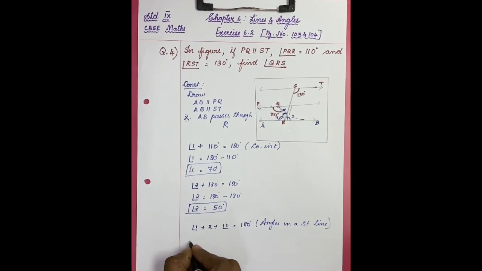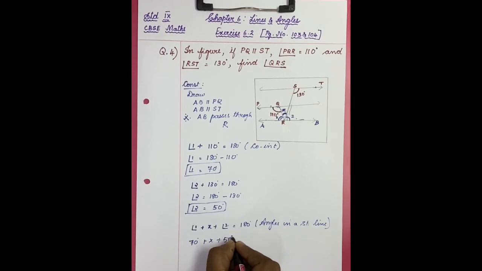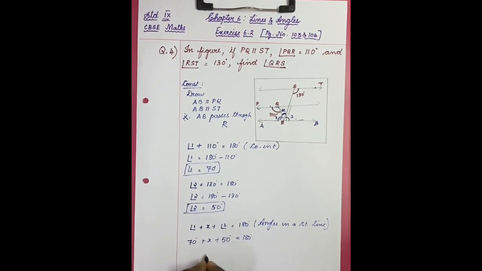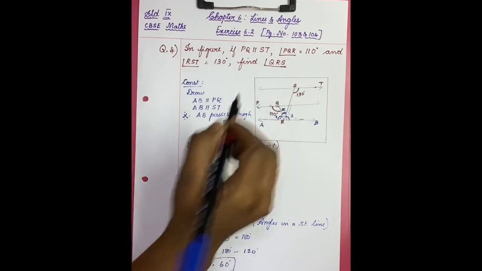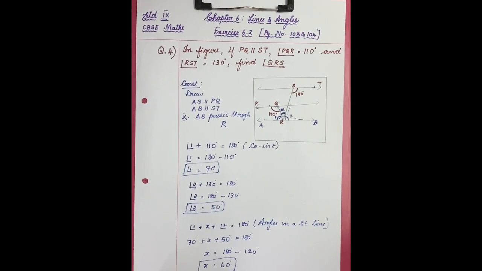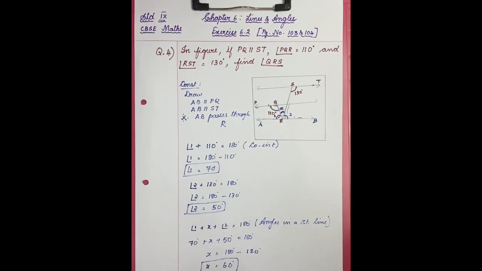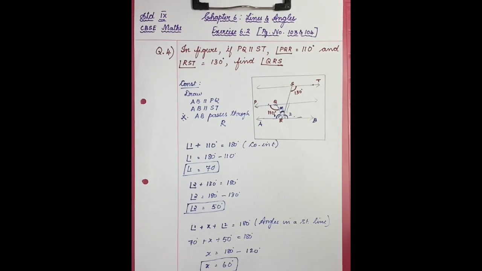So 70 degrees plus x plus 50 degrees is equal to 180 degrees. x is equal to 180 degrees minus 120 degrees, since 70 plus 50 is 120. So x is equal to 60 degrees. Thus we have found the missing angle: angle QRS is equal to 60 degrees.